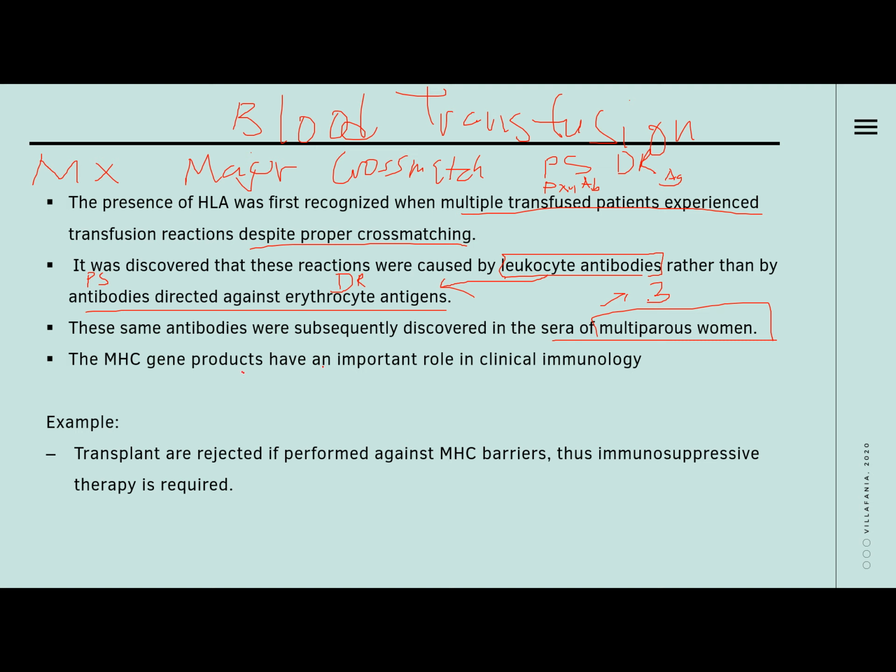The MHC gene products have an important role in clinical immunology. Example, class, transplants are rejected if performed against MHC barriers. Thus, immunosuppressive therapy is required.